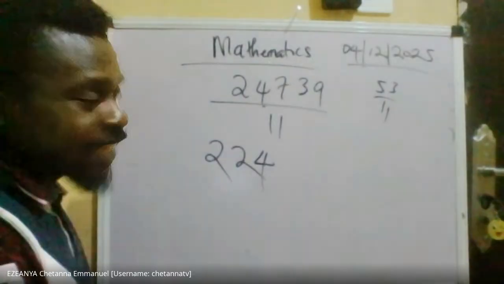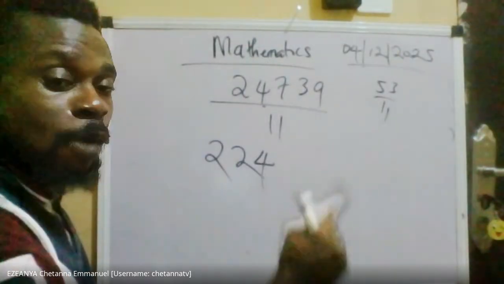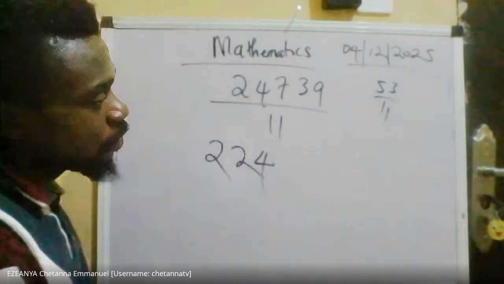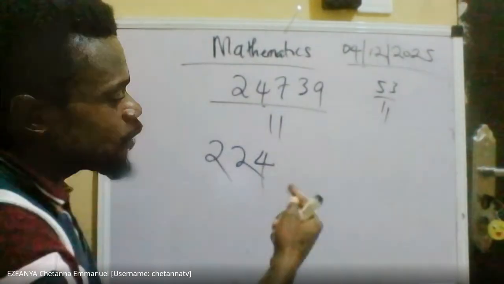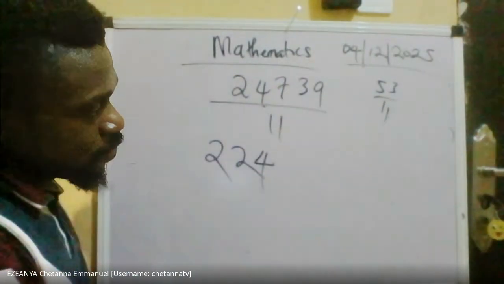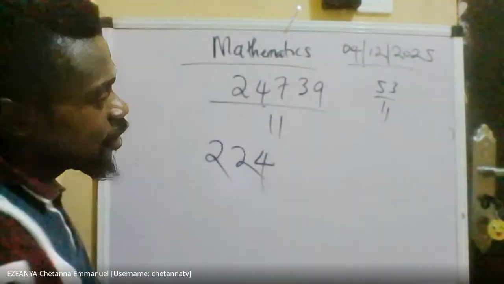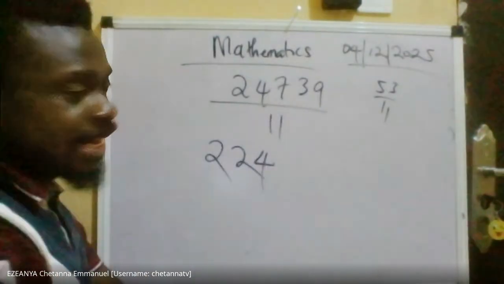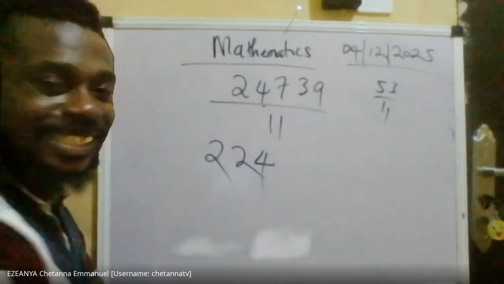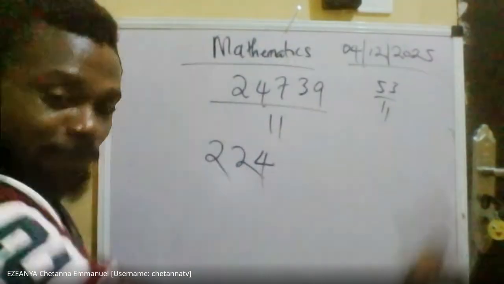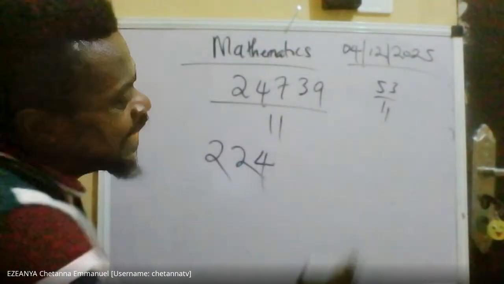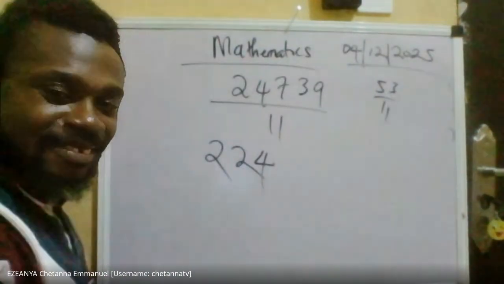4 remainder 9. Remember, we are working on base 10. You multiply that 9 by the base you are working on. 9 times 10 is 90. You add it to this last digit. 90 plus 9 is 99. You keep dividing. 99 divided by 11 is 9.